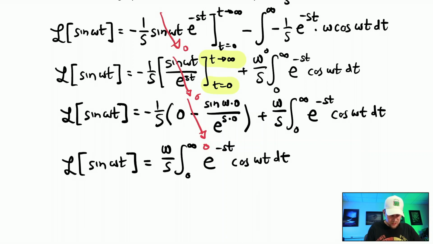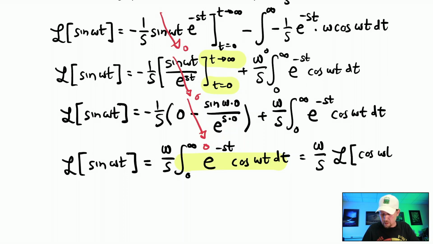This right here has the same mathematical form of a Laplace transform, except now, rather than being the Laplace transform of sine omega t, this is the Laplace transform of cosine omega t. So in terms of the notation that we've been using up until now, this is omega over s times the Laplace transform of cosine omega t.